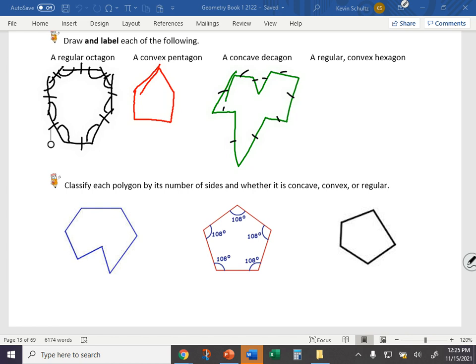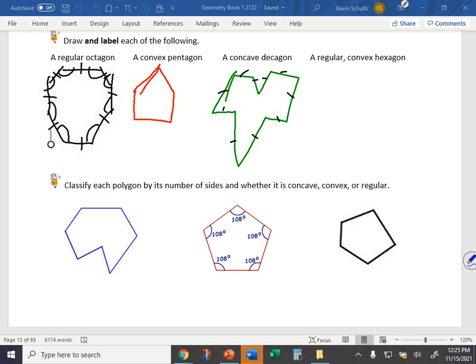Hey, can we get some... I only have 9. For what? The concave decagon? Caleb, do you have a good concave decagon? Where are you drawing?